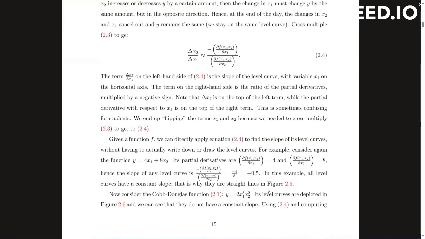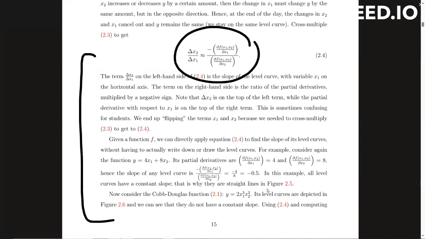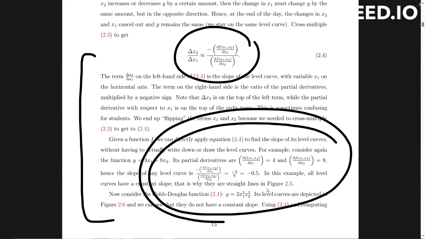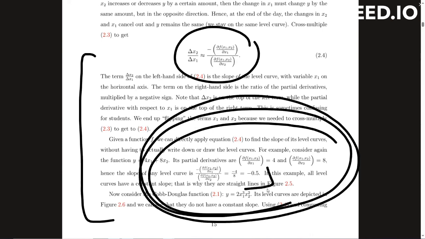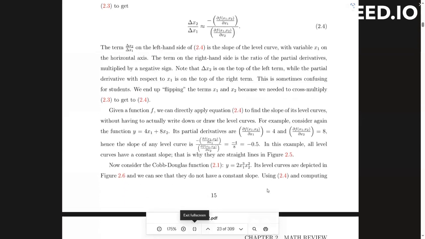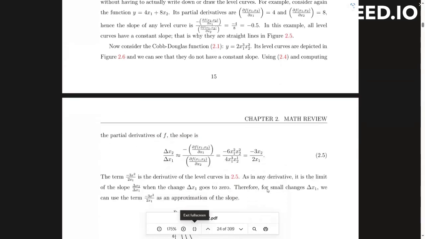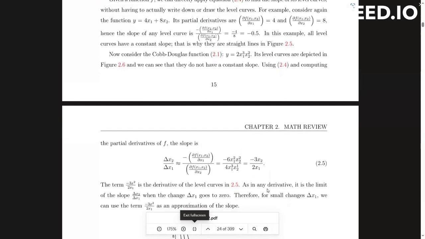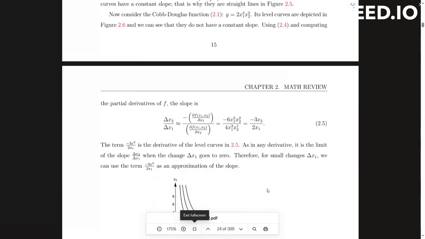I'm just thinking about the next video. We just did this. They're really just doing an example and talking about what I said. In fact, they do the same exact example right there, and they get negative 1/2 or negative 0.5, just like we did. It is okay to do maybe something a little bit more fancy like the Cobb-Douglas. So we can do that example. We'll just skip it.